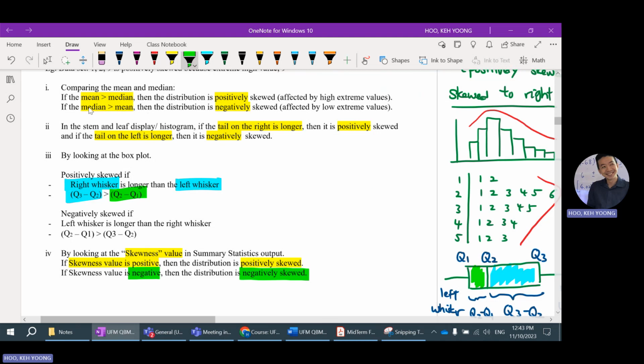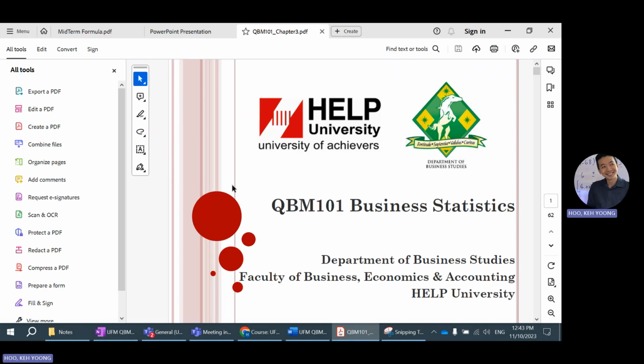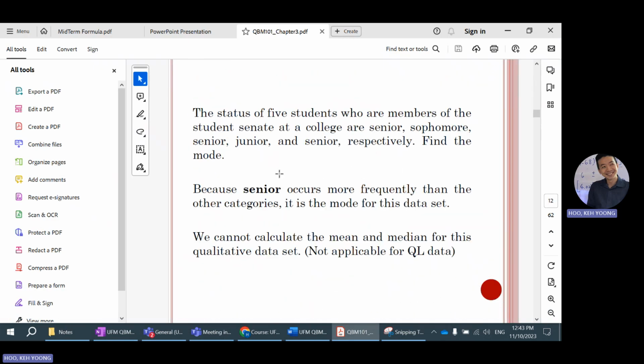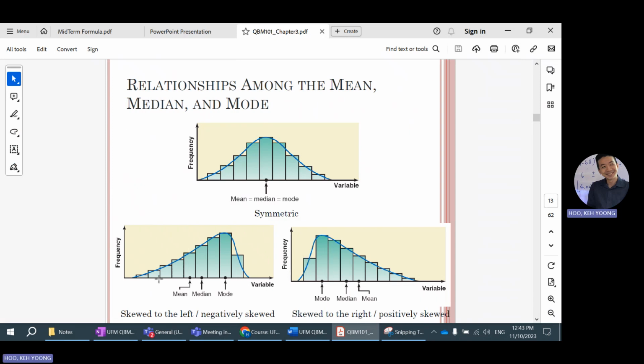So we will look at mean, median, and modes. You can open up the slides in chapter 3. For negatively skewed data, mean is smaller than median, smaller than modes. For right skewed data, mean is larger than median, larger than modes.